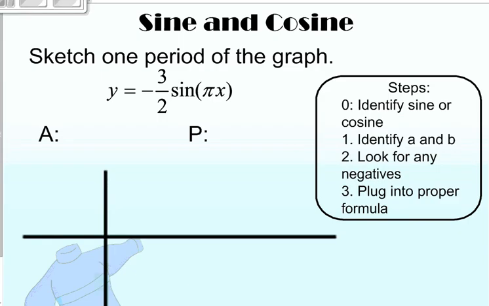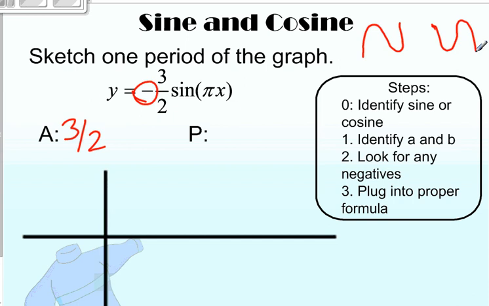For the last one here, we've got A being 3/2, and we've got a flip happening. So our graph normally for sine goes to the top first. So this time it's still going to start at 0 because you don't flip 0, but it's going to go down and then back up.